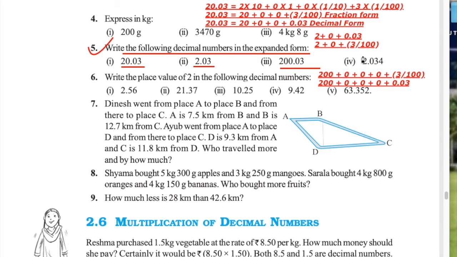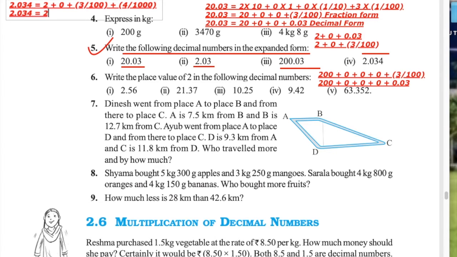Now part number 4. In part number 4, you have before decimal digit at ones place, then you have tenth place 0, hundredth place 3, thousandth place 4. So what will be the expanded form of 2.034? This is the fraction form, and in decimal form it will be 2.034.